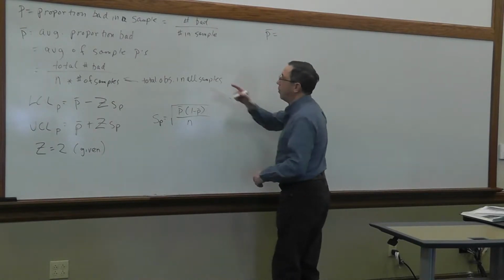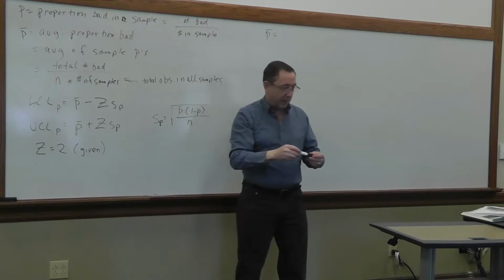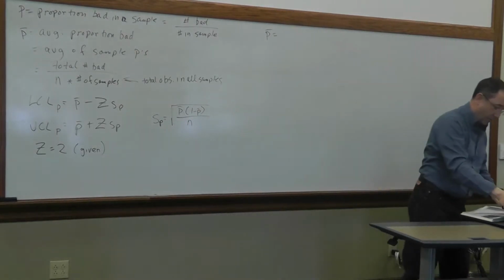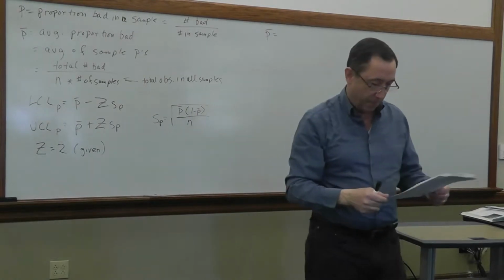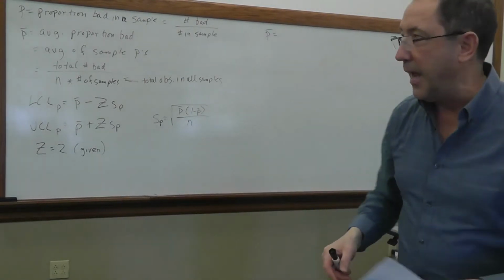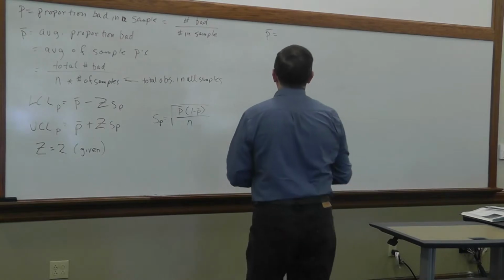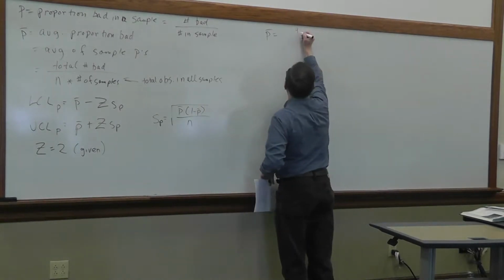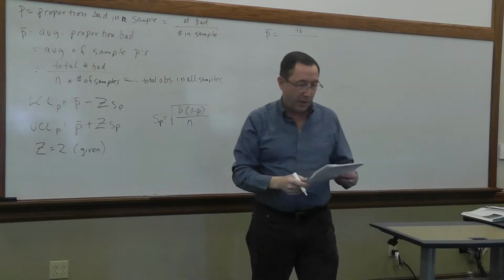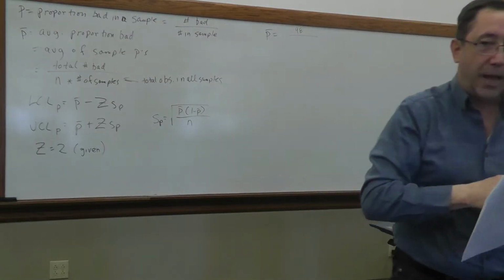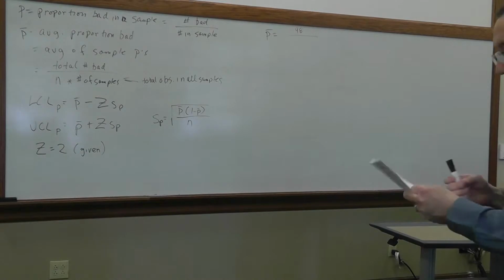P bar, total number bad in the total observations looked at across all these samples. So what's the total number bad here? 98. Yeah, you guys should be screaming this out. That's the easy stuff. It's 98 because it just says so. Across all these samples, they found 98 that didn't work. How many did they look at across all these samples? 2,800.